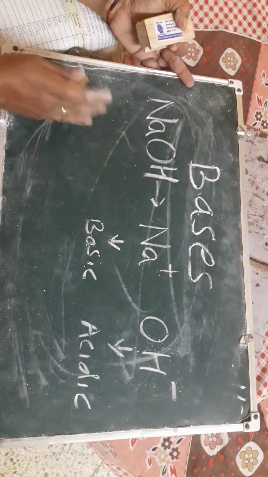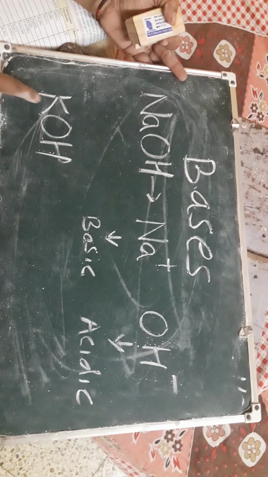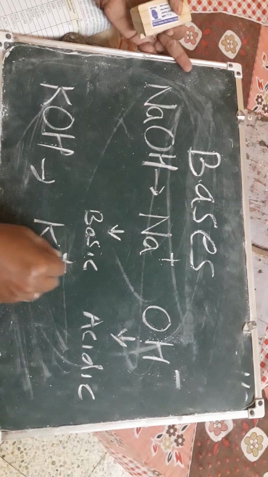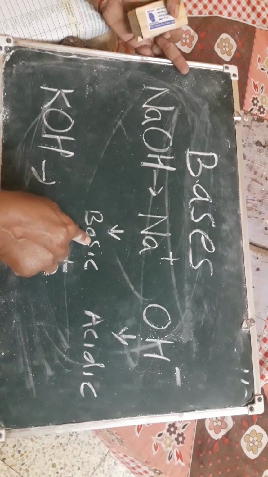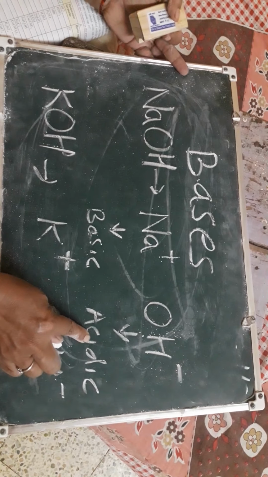One more example, KOH, potassium hydroxide. It gets separated into K plus as a basic radical and OH minus as an acidic radical.